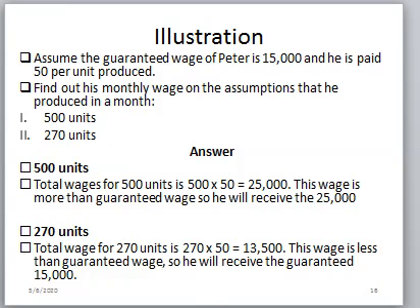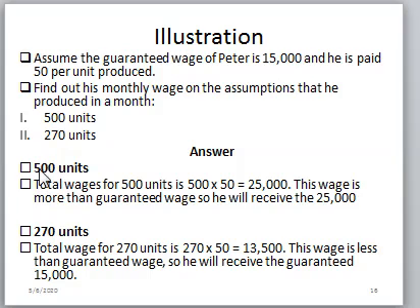For example, if you look at this illustration, assume the guaranteed wage is 15,000 and is paid 50 per unit produced. Find out his monthly wages on the assumption that he produced 500 units in the first case, and 270 units in the second.